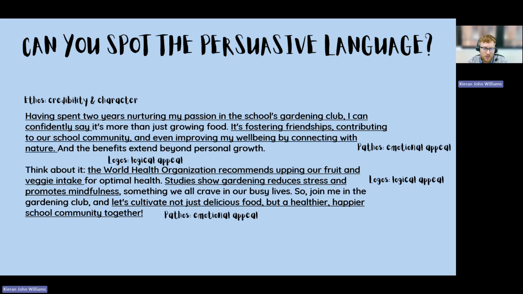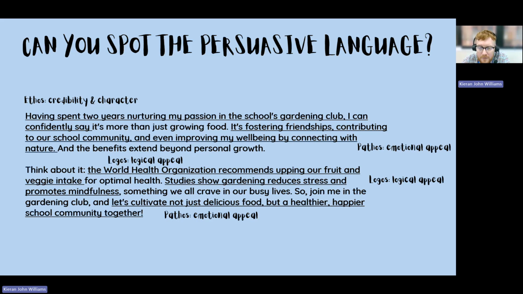We also have another possible one here, which we haven't included, which is that it says here, something we all crave in our busy lives. So this could be an example of pathos. This connects emotionally with the audience by acknowledging stress, and also the universal desire to have a bit of peace and balance in our lives. Okay, so if we consider this last one, so join me in the gardening club. Let's cultivate not just delicious food, but a healthier, happier school community together.